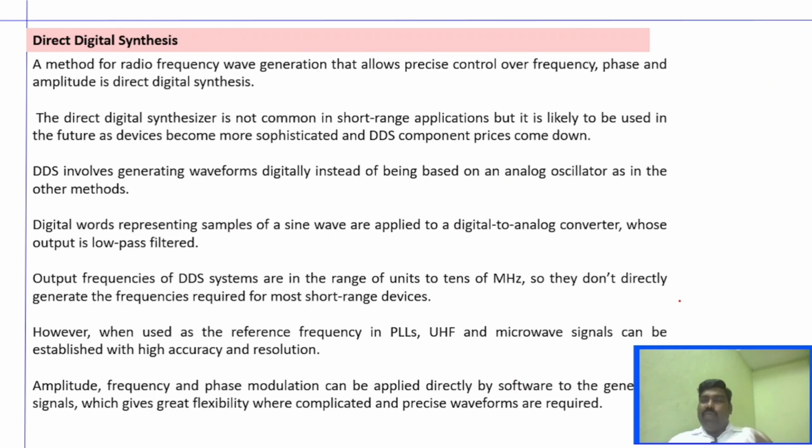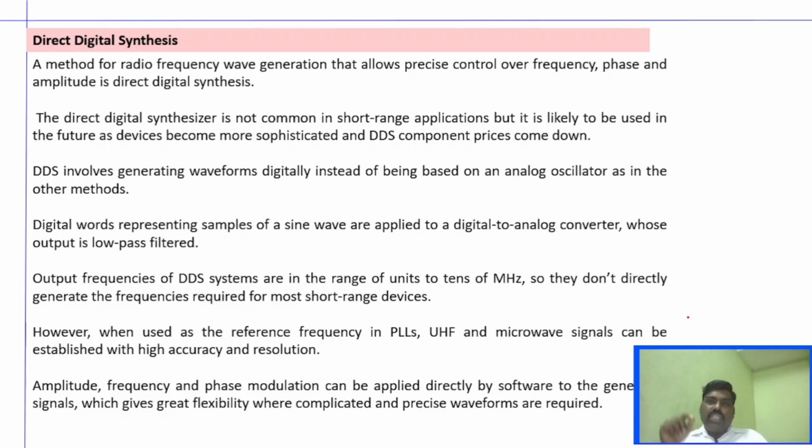Now we will see what direct digital synthesizing is. Direct digital synthesizing is also an RF source, where we can generate the signal digitally. When we say digitally, we can achieve precise control over frequency, amplitude, and phase.